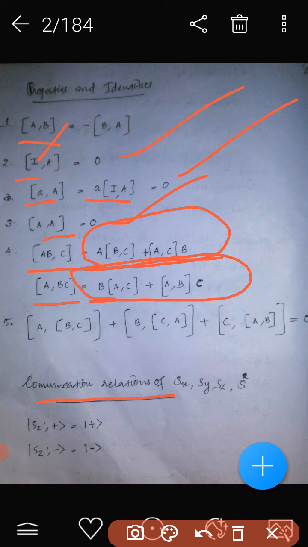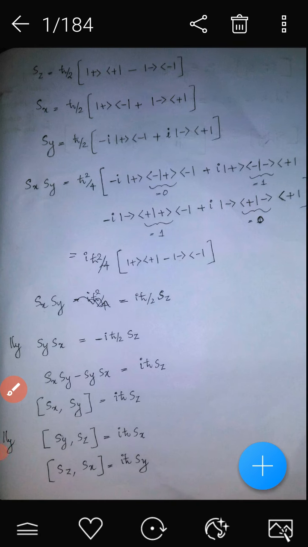Next, the commutation relations of Sx, Sy, Sz and S squared. Here we represent the Sz plus state as ket plus and the Sz minus state as ket minus for simplicity.